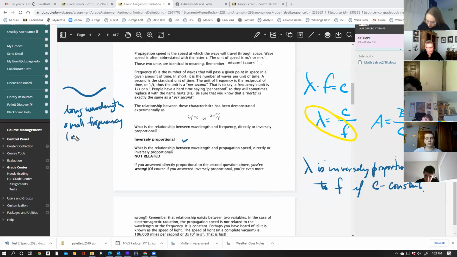So when we did the spectrum, 0.37 to 0.75 micrometers, this is violet. Violet has a higher frequency than red because the shorter the wavelength, the higher the frequency.